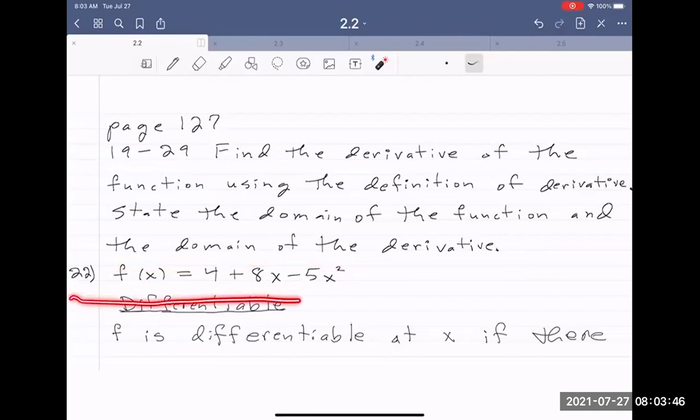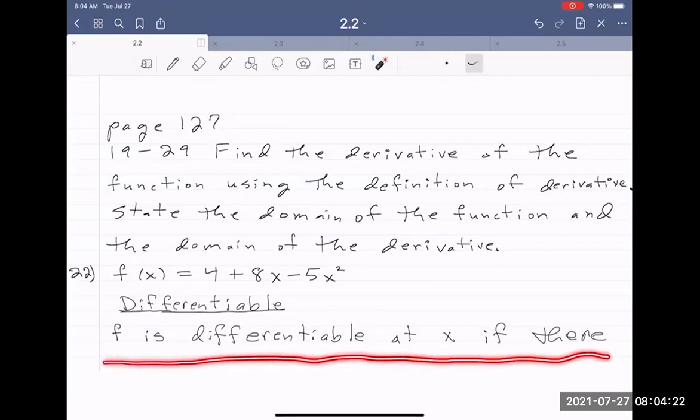So problem number 22, f of x is equal to 4 plus 8x minus 5x squared. So first off, let's recall what it means to be differentiable. And I will use this particular definition of differentiability. I'll use other definitions of differentiability in differing problems, but I'll use this definition in this problem.